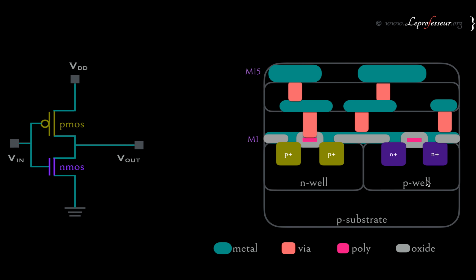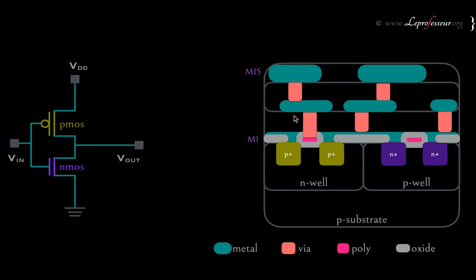We have N well, P well, and you have nMOS and pMOS sitting in these wells. For the connections between nMOS and pMOS, we have the poly, and we have the via connecting to the upper metal layers.